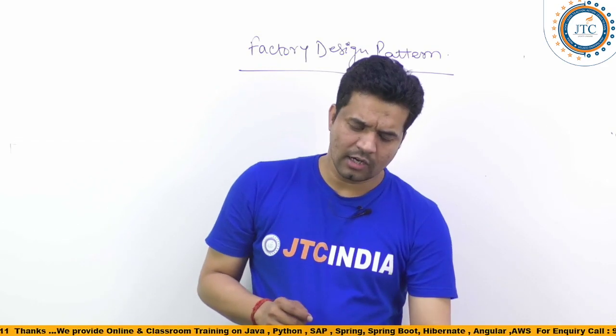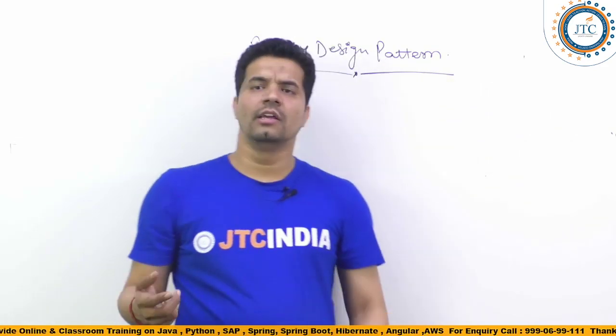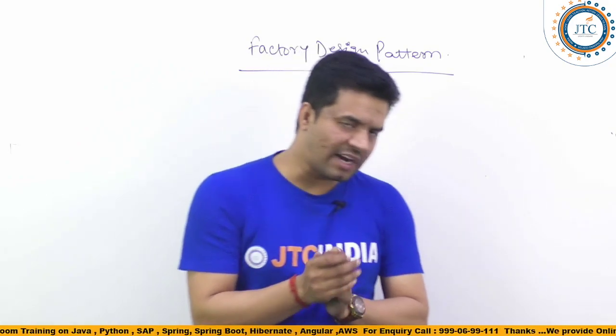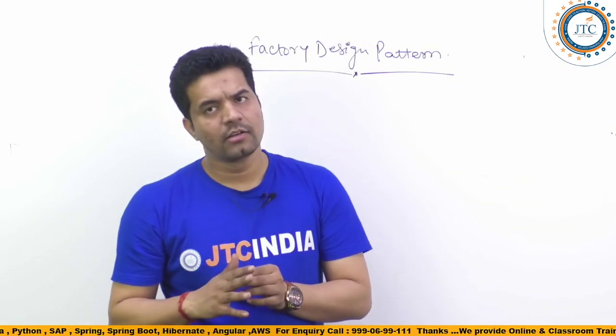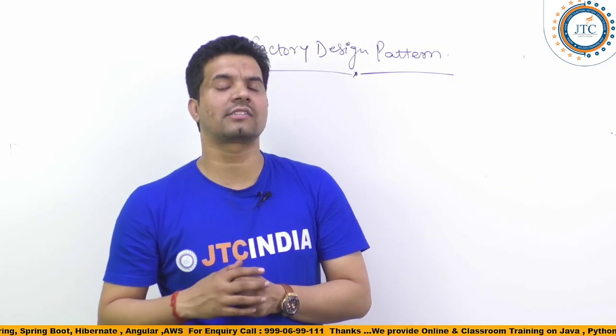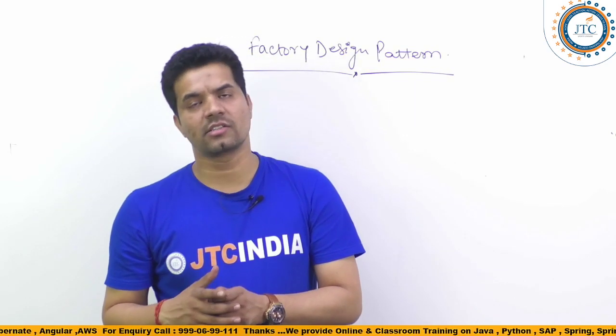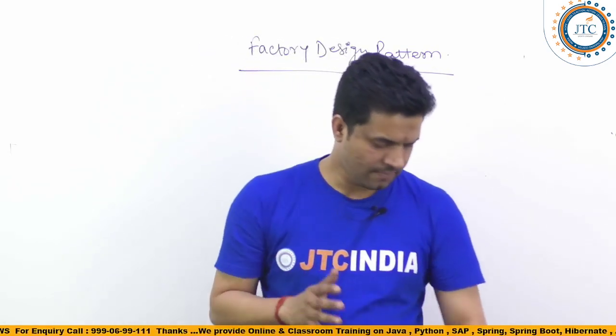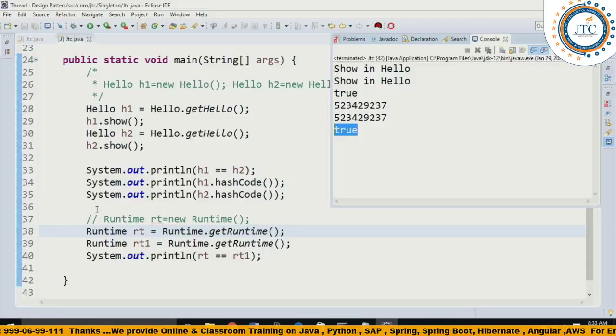So instead of explaining like this, I'll write one program based on the factory design pattern, and then we would understand in a proper way what the task of the factory design pattern is. Is that okay? Let me write an example.